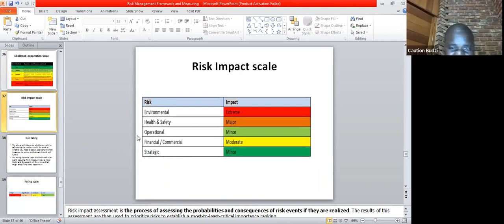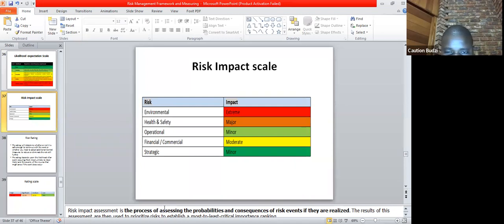Okay, so I was talking about the risk impact scale. On the impact, you'll be looking at to what extent the risk affects the operations or the finances of the organization. According to the risk matrix provided, an impact of 5 reflects an extreme impact.